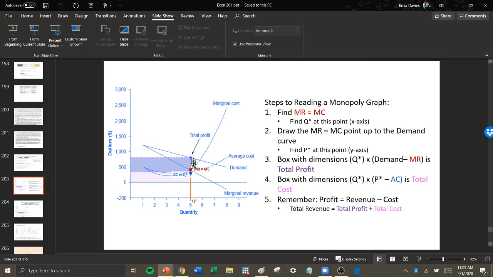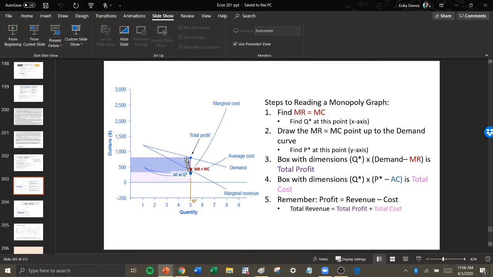So you're going to trace this up to the demand curve, bounce it over to the y-axis, and you can see that we should be charging about, I'll call that $800. Okay, so in equilibrium, maximizing quantity, we are producing 5 things, 5 red squares, and we're charging $800 per red square.